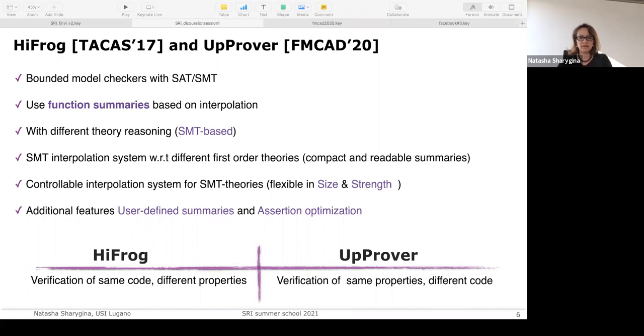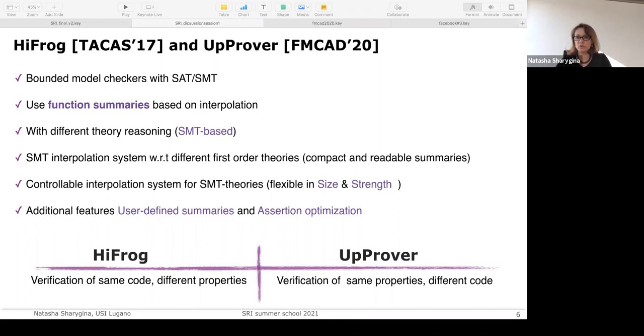So altogether, as I said, these two tools share the same background, but they differ in that HiFrog is the incremental bounded model checker which is designed to verify a single system against many, many different properties. This is its goal. While AppProver is the tool which looks at various different systems.